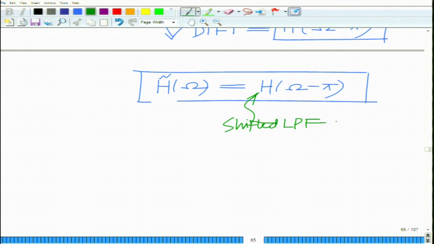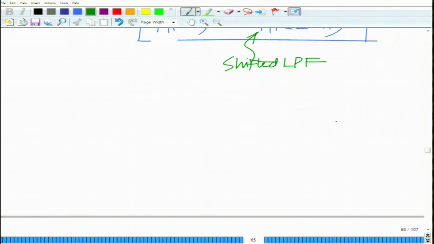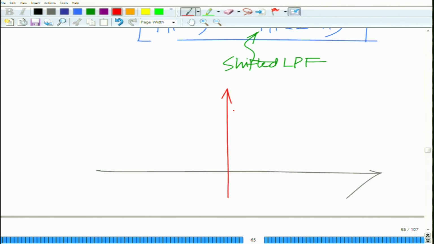LPF, and once you shift the LPF, remember with cutoff frequency omega c, it is very easy to derive that. That is going to look something like this. You take the original LPF and shift it by pi, so it will now be centered around pi, and this is pi, and this is 2 pi.